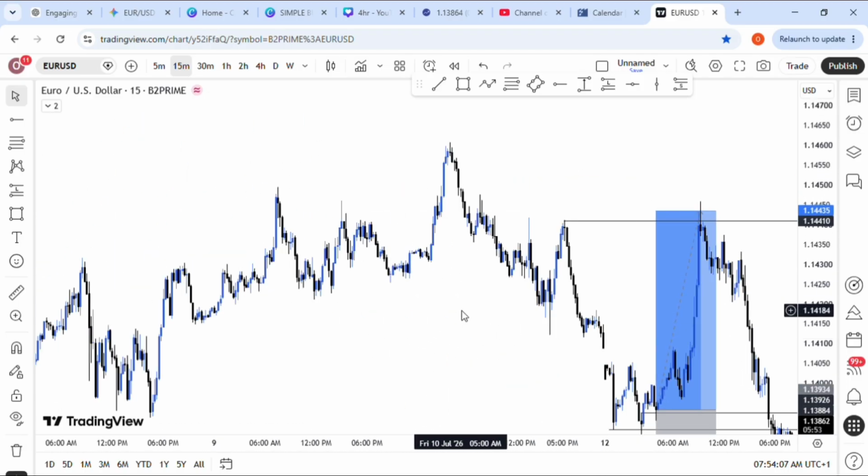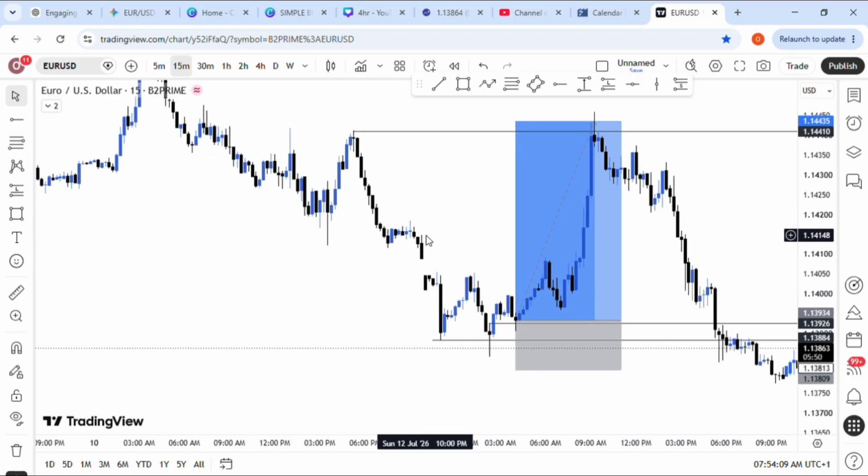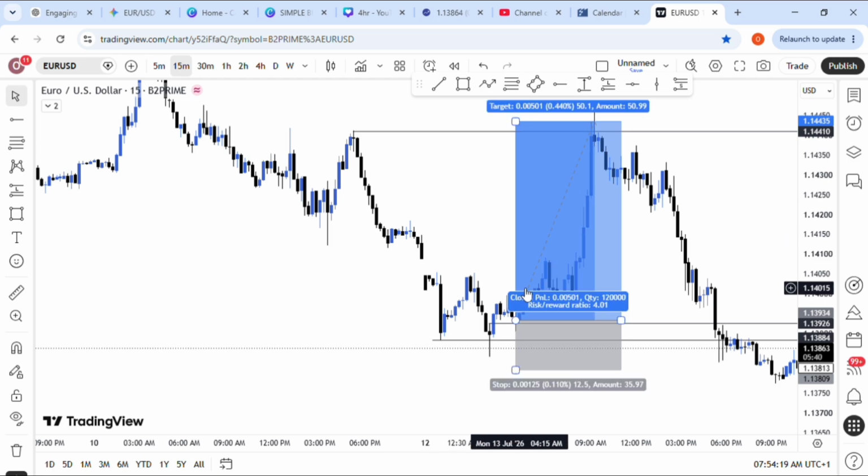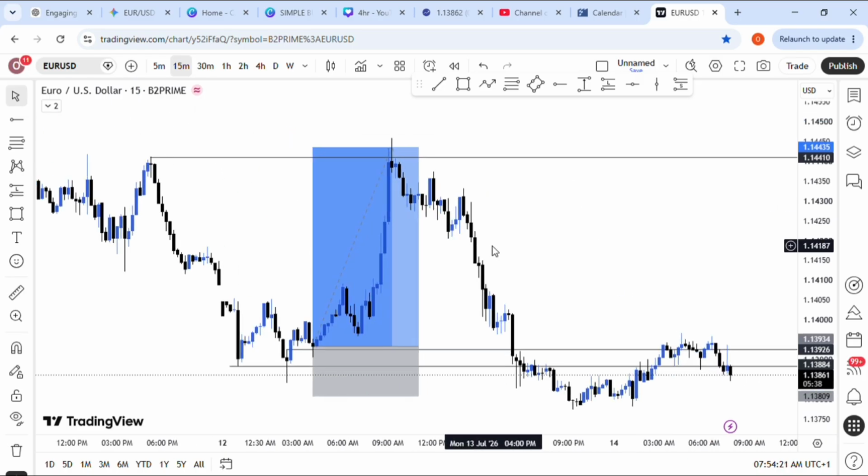Do you understand? Okay, so as easy as that, this was how we were able to catch this particular clean setup. You can also apply this in your daily trading and you are going to be profitable. This particular setup is 100% real. But as they always say, no setup has a 100% win rate.